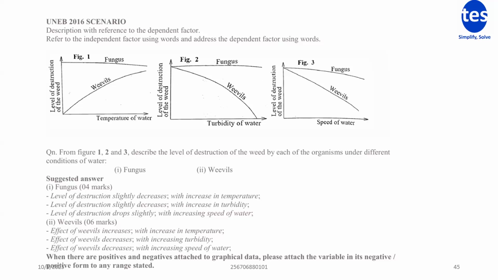Then level of destruction gradually decreases with increase in turbidity. Then the level of destruction decreases. Now here they use drops, but that's not right. We are supposed to say decreases gradually with increase in speed of water. Don't use the word drop or slightly. Okay?